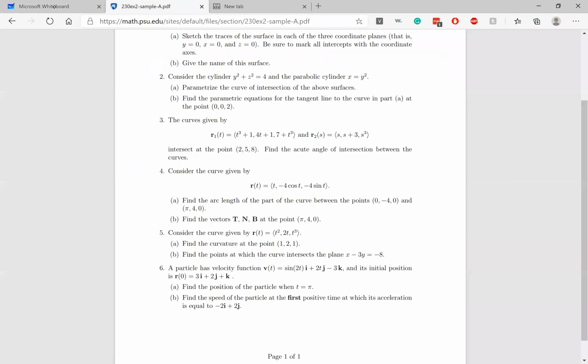Okay, what's more? Find the vectors at the point.